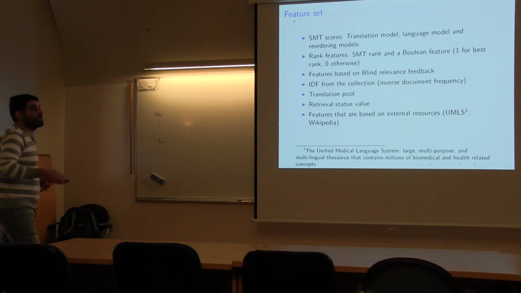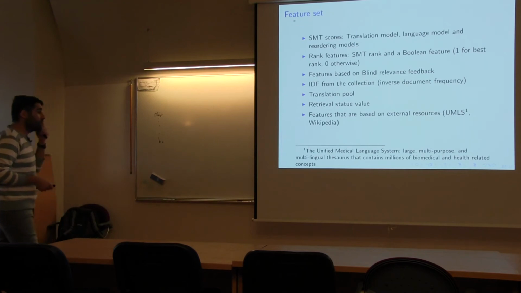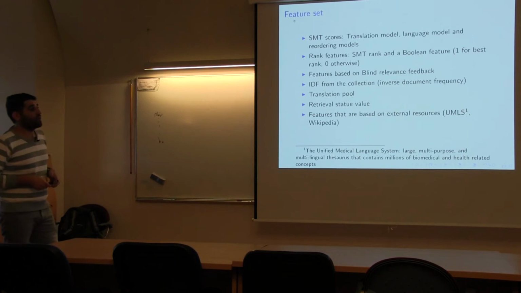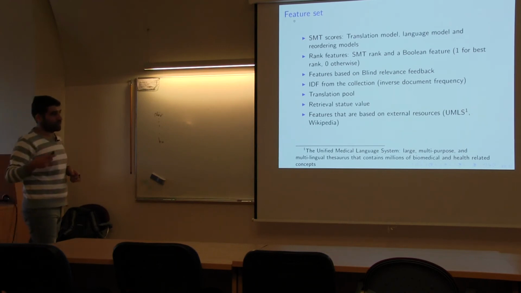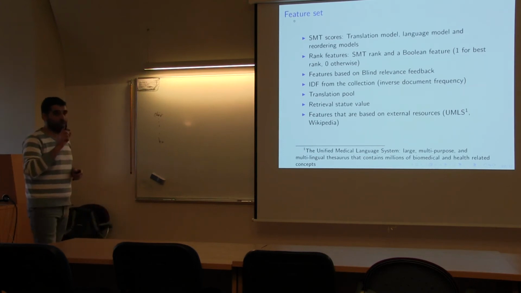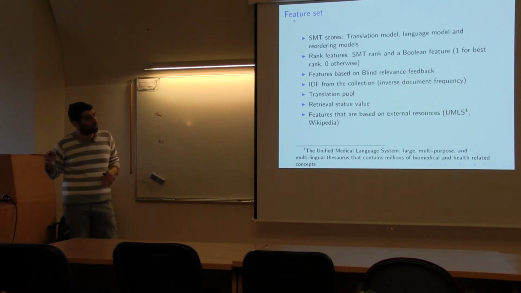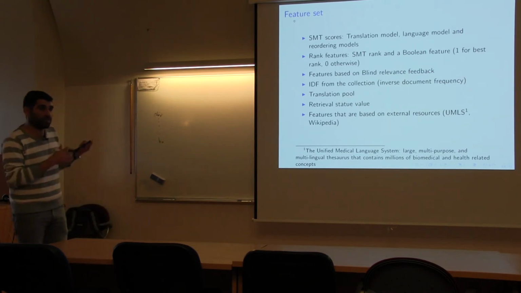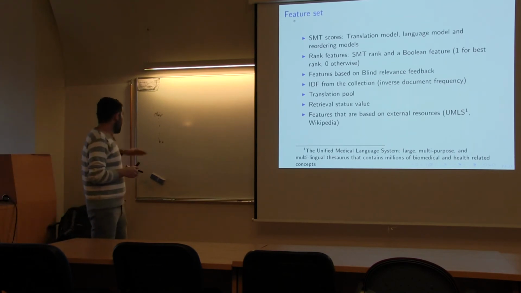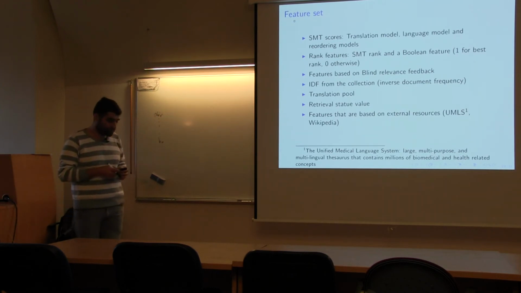Also, we use features based on external resources like UMLS and Wikipedia. We used UMLS in 2 ways. First, we calculated how many terms in each hypothesis exist in the UMLS Metathesaurus, because it's a medical dictionary, and we want to see if the hypothesis contains medical terms or not.